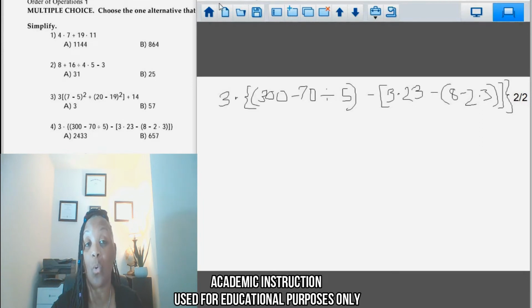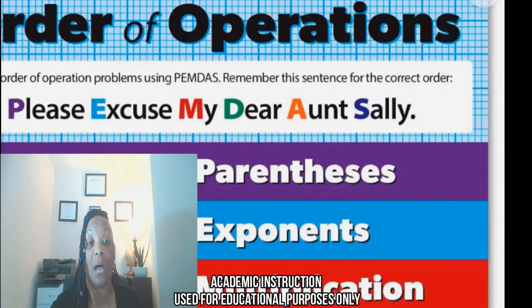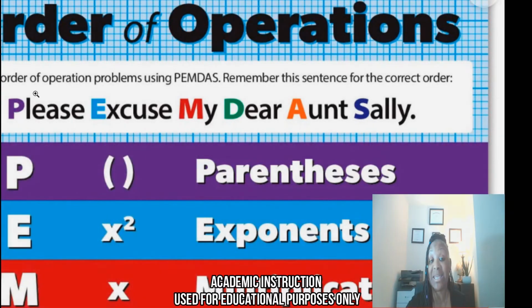So let's go to our order of operations chart. Okay, and so the order of operation chart states, please excuse my dear Aunt Sally. Okay, by remembering this sentence here, you can recall the order of operations. Okay, so please means that you will do parentheses first. Excuse means that you will do exponents next.